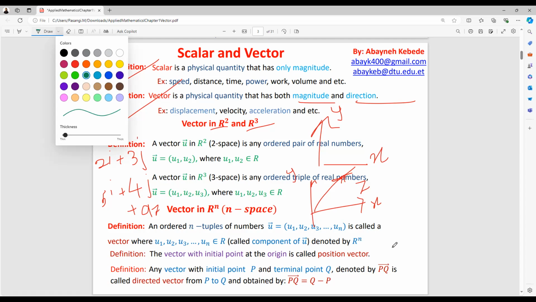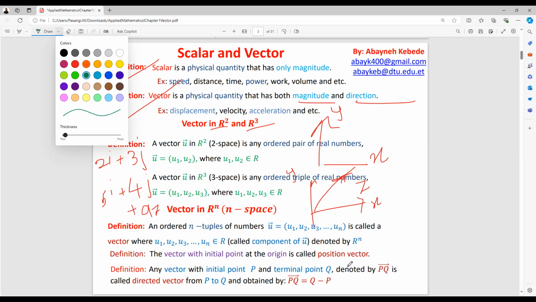We denote the space by R to the power of n. That's how we define any vector, whether it's 2D, 3D, 4D, 5D or any other. Okay, is it clear up to this point?